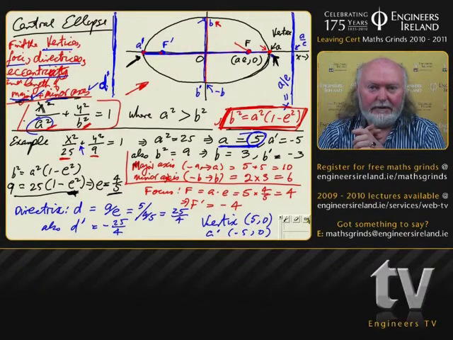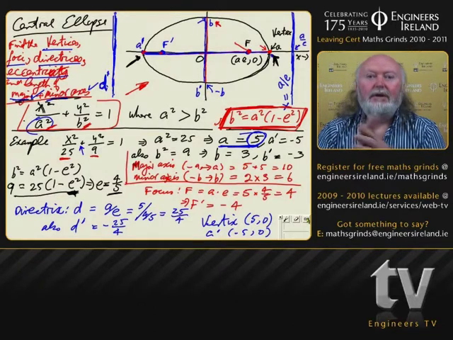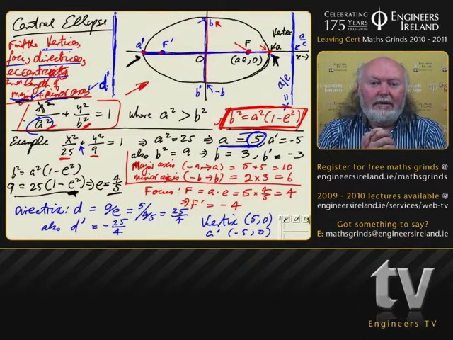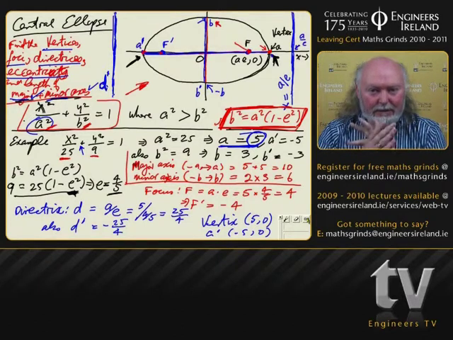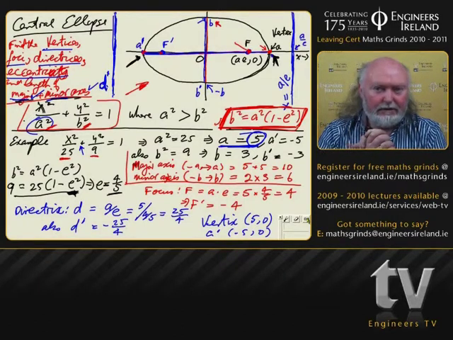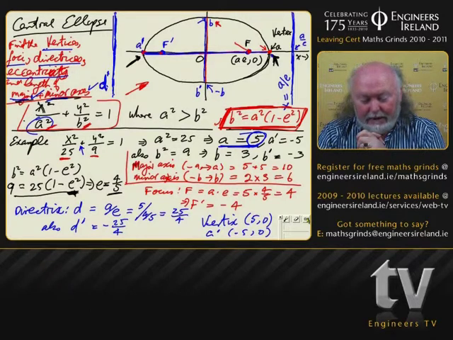The one we have for the Leaving Cert is where the distance from the point, which we're now going to be calling a focus, to any point P in our solution set, is less than the perpendicular distance across to the line. Then you have an ellipse.